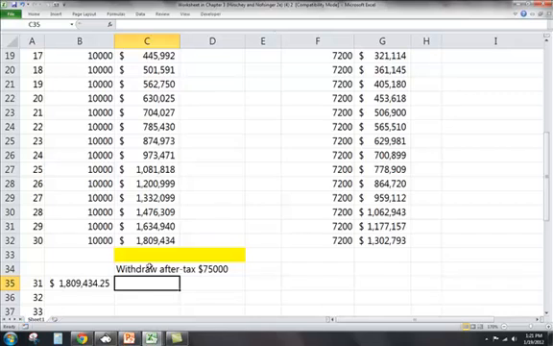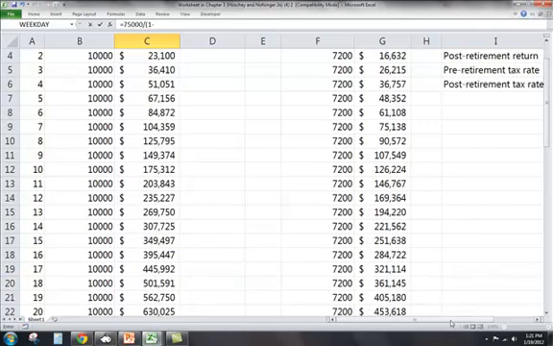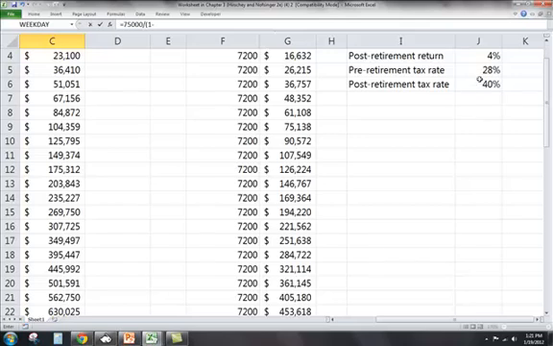So to withdraw $75,000 after taxes with your traditional IRA, you're actually going to have to withdraw more than $75,000 because whatever amount you withdraw, you have to pay taxes on it. So to calculate how much you would withdraw, you take your $75,000 and you divide by 1 minus the tax rate. And I have made some assumptions up here about your tax rates before and after retirement.